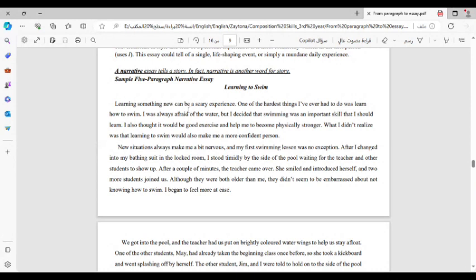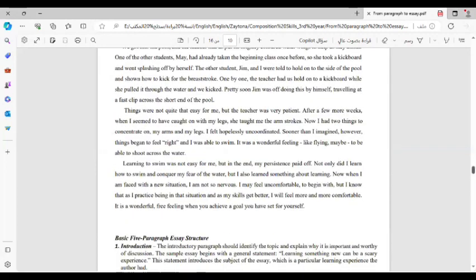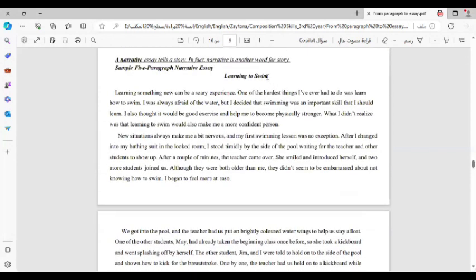Some of you didn't use, for example, indentation, which is the space at the beginning of each paragraph. Many of you made this mistake. Some of you didn't skip a line. Some of you didn't consider putting the title in the middle of the page. So I need to get your attention to these points.